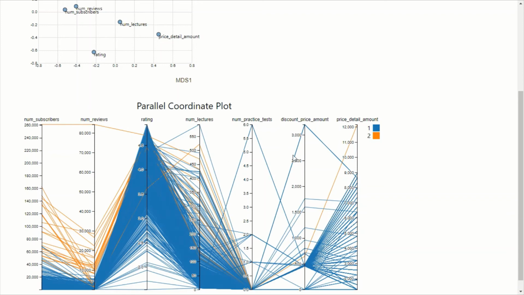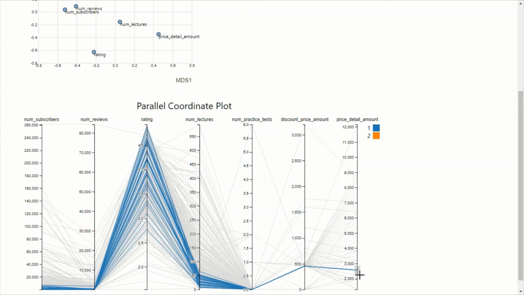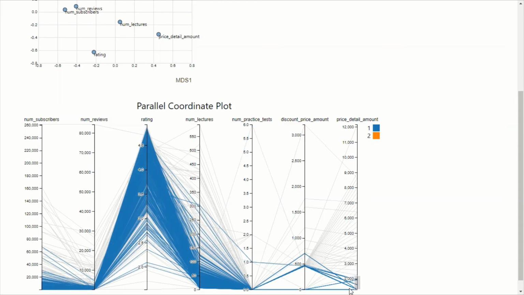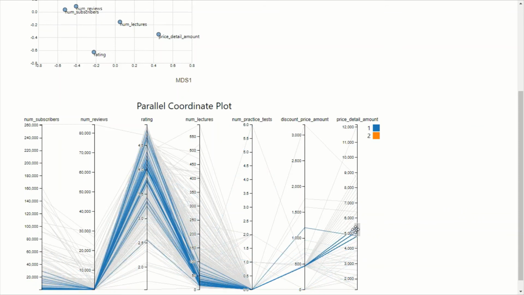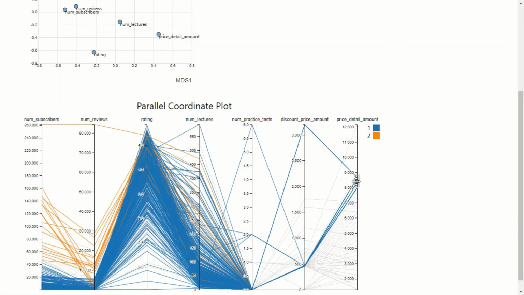I have also given the functionality of selecting an area by brushing. If we want to see the variation based on prices, between the range of 0 to 2000, how other dimensions are behaving, and as we increase the range, how the data points change in other dimensions.